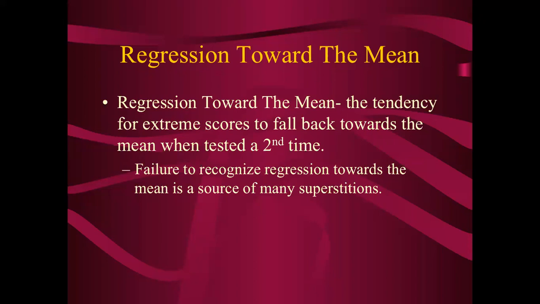Our body has an understanding of the weight it's supposed to be. And the farther we are away from that, if we make small changes, it's possible to revert backwards. Does that make sense? So the more extreme the score, the more likely it is that on retest, you're going to revert towards the average or the midline. So that's the problem with outliers and extreme scores.